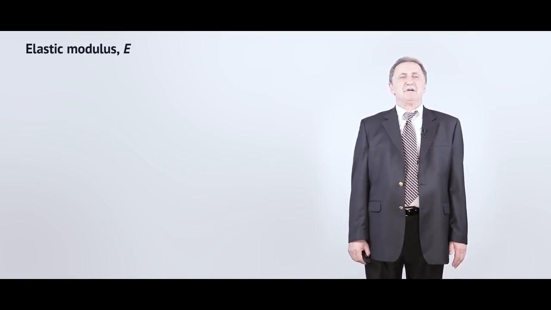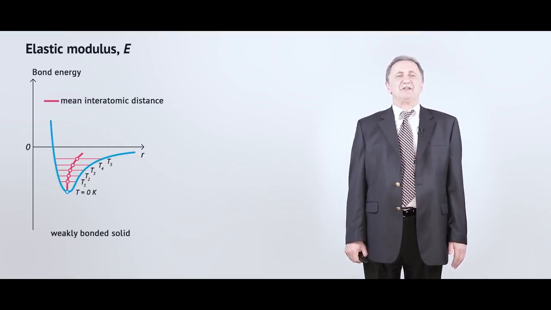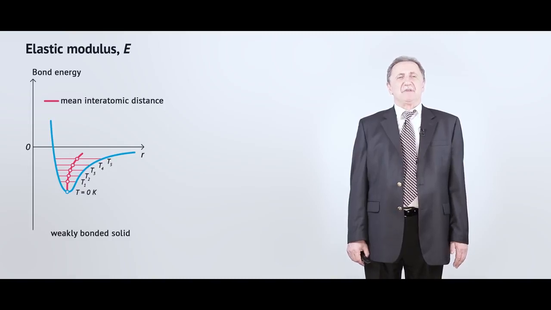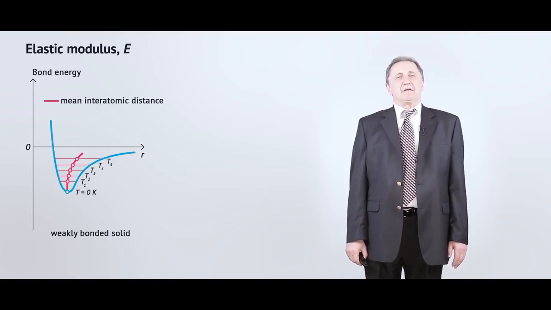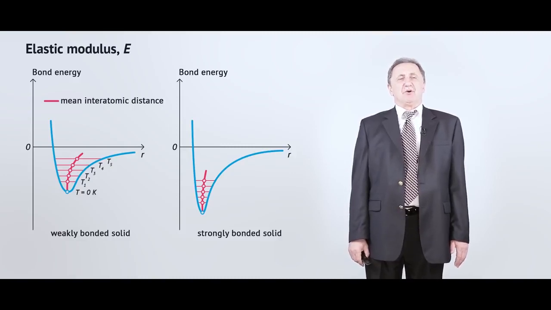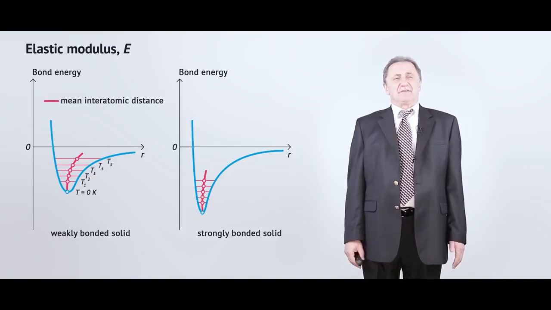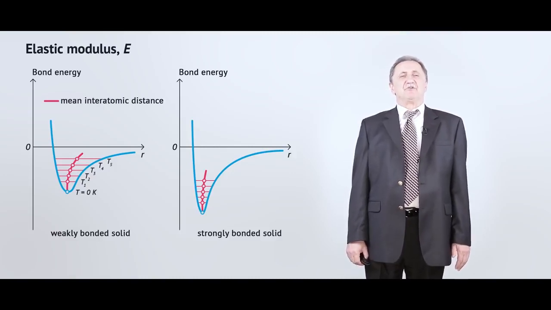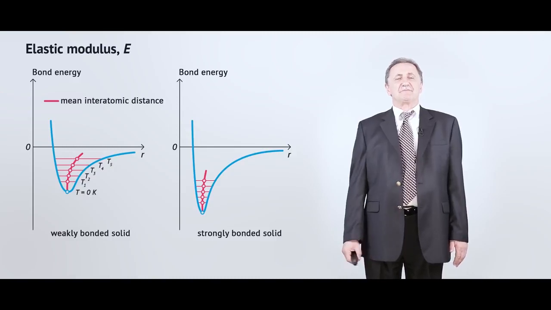Again, it's easy to see by the analysis of the energy-distance diagrams, which are presented on this screen for two different materials, where we have the lower bonding energy and the higher bonding energy. As we have discussed in the case of the elastic modulus, for the material with the lower value of bonding energy, the energy function is much wider than in the case of the strongest material.